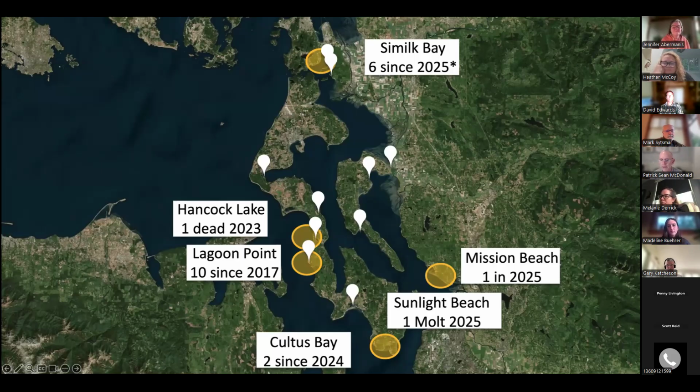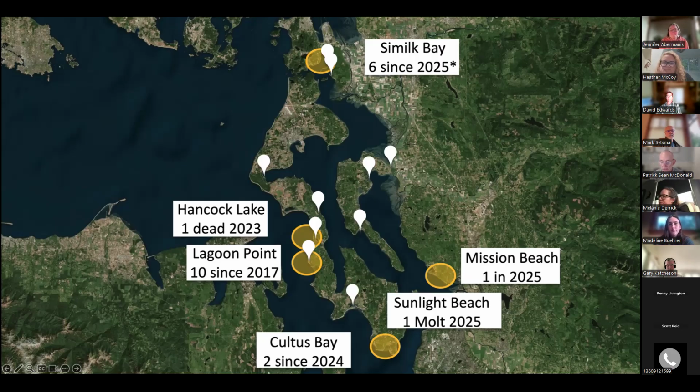These tend to be low energy embayments and marshes, oftentimes in areas that retain water at low tide. When I say low energy, I mean low wave action. And so one of the things that we did initially is we established our monitoring sites in these places.